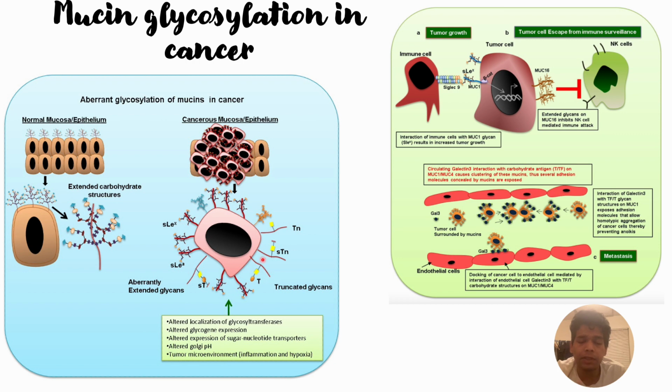And this altered glycosylation on the cell surface then helps the tumor cells to migrate from one part of the body to another part of the body.